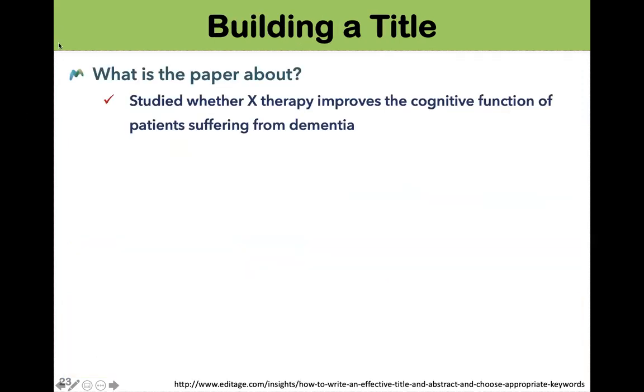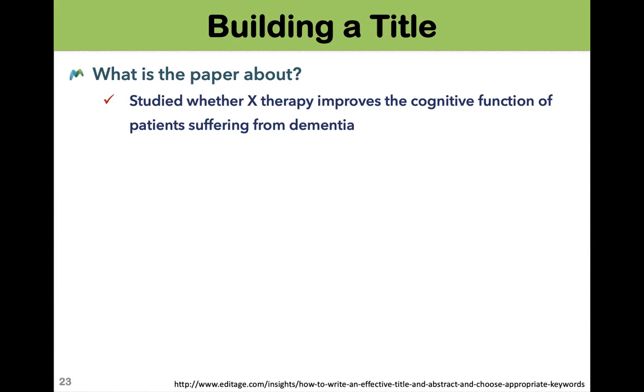Okay, so I'm going to walk you through a little mini project, and this mini project is basically how to build a title. This is one of the favorite things for people to hear from me. Here is the first question you ask before you come up with the title, and I think Amrita has gone through this exercise: tell me what the paper is about. This paper studied whether X therapy improves the cognitive function of patients suffering from dementia.